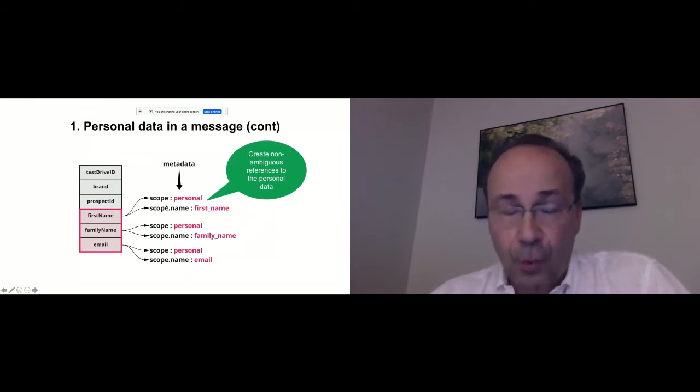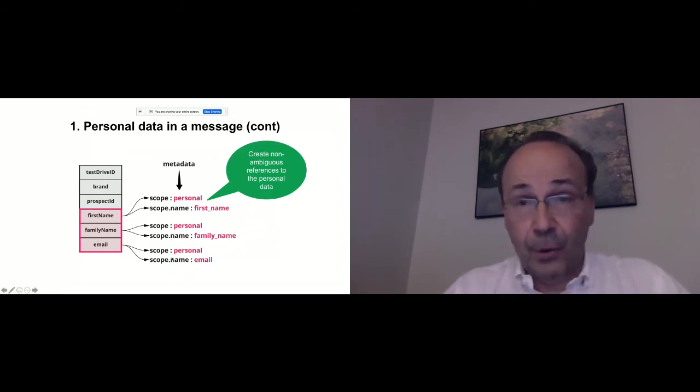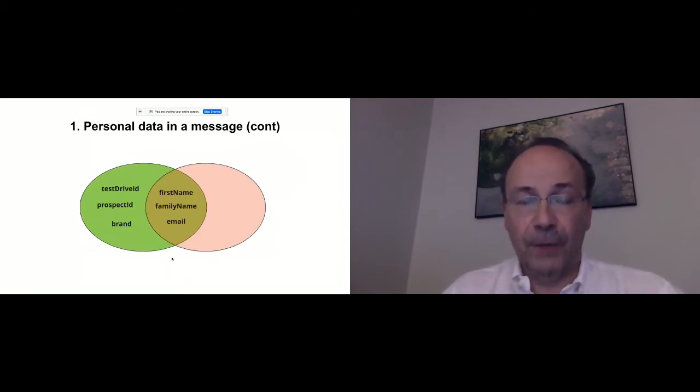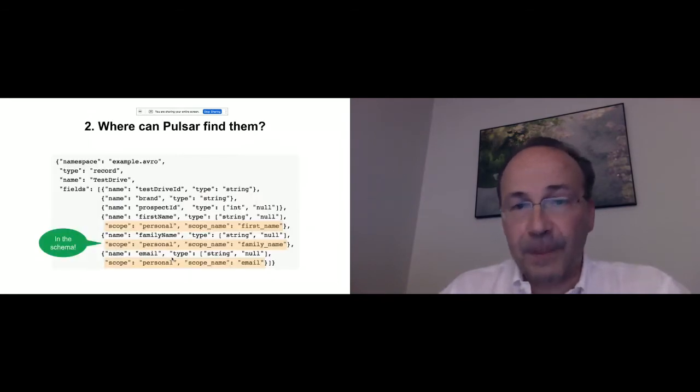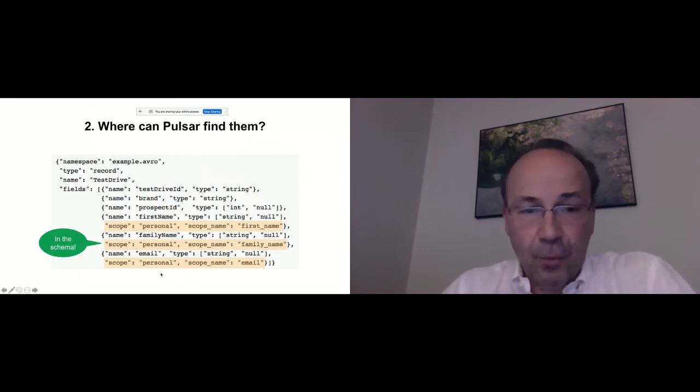So now we got a non-ambiguous reference to the data, but we have to go to the second step now. We identify this data, we know them: first name, family name, and email. We have to explain to Pulsar where to find the data. So why don't we put them in the schema?